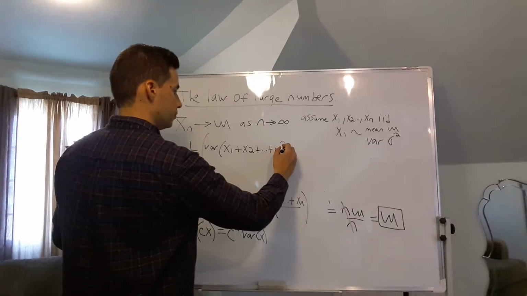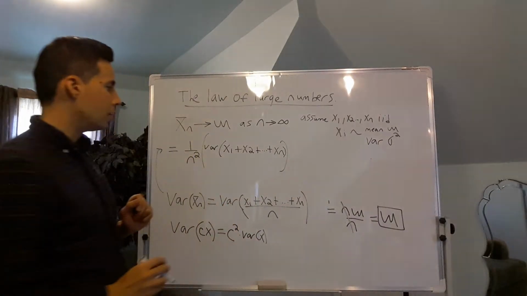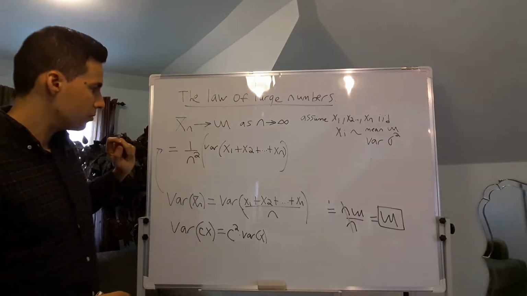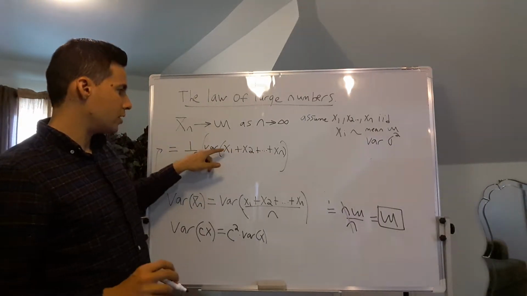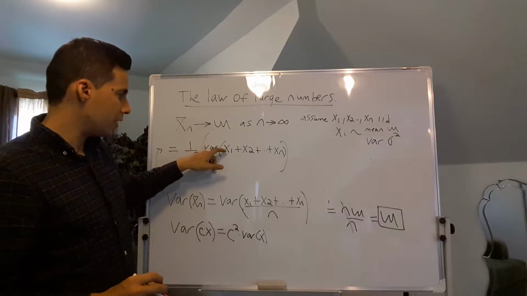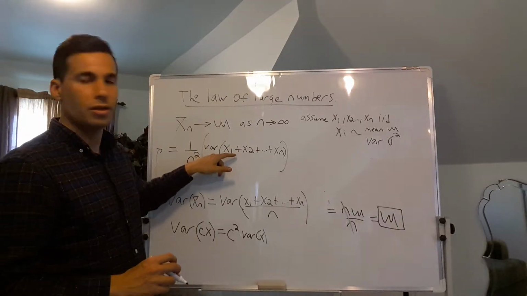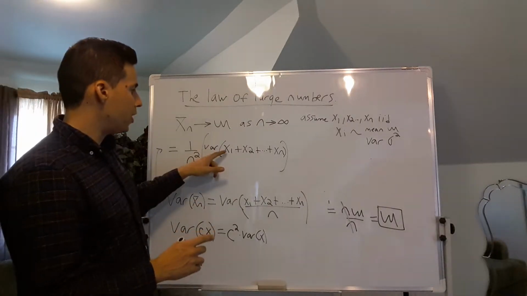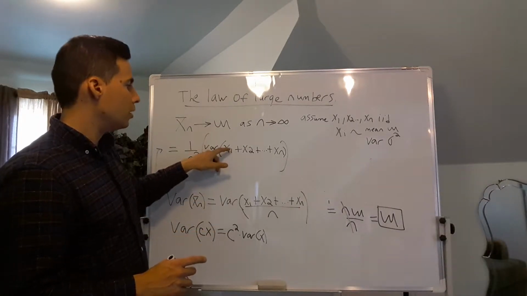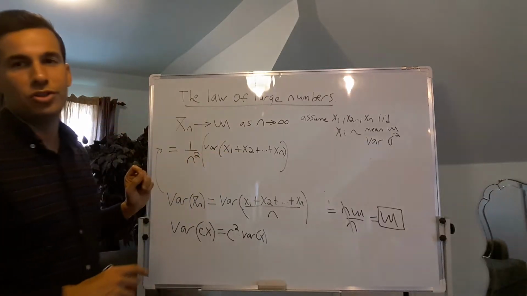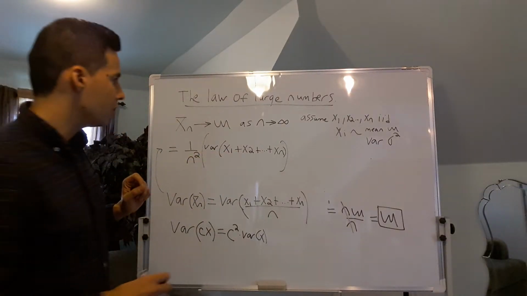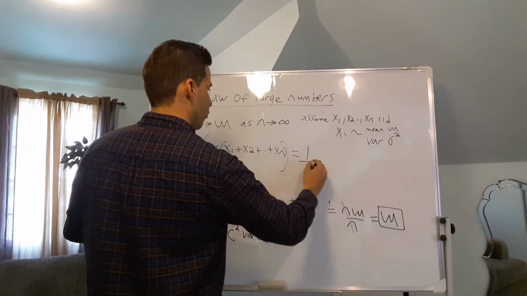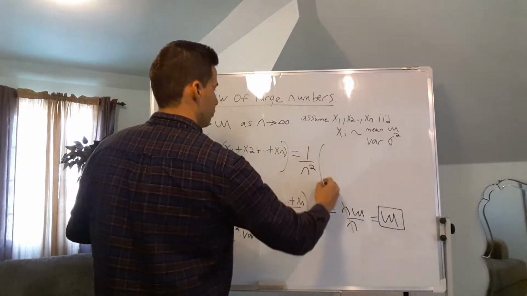Now, since these are all independent random variables, the covariance between any random variables that are different is going to be 0, and the covariance of a variable with itself is equal to its variance.